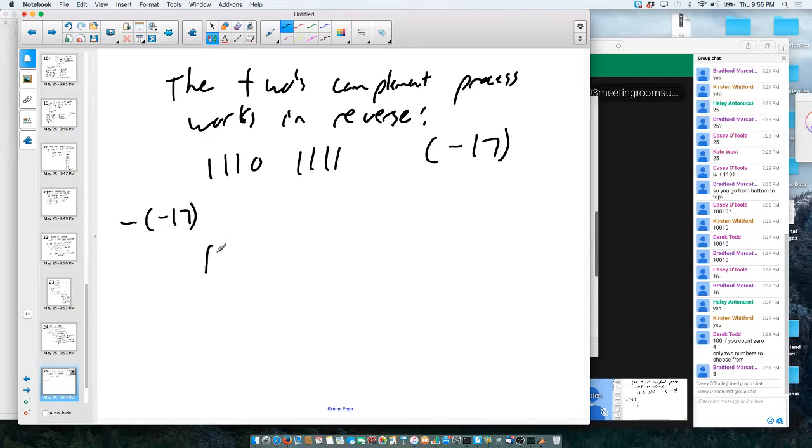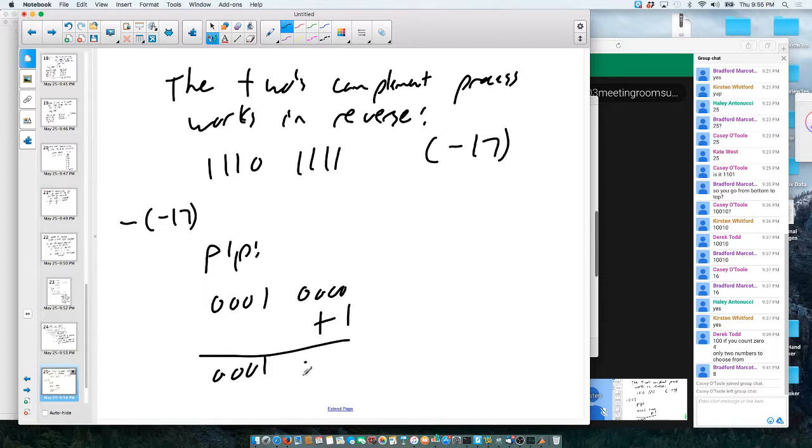Then I would flip all the bits, 0001 0000, and add 1, 0001 0001. 17. Got it back. Okay, so negative and negative works. This is part of why this is the process, because you can negate a negated thing and get the original thing back.